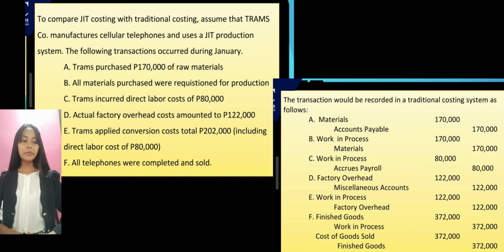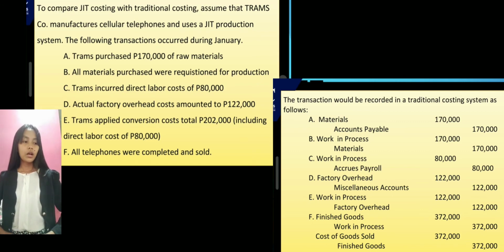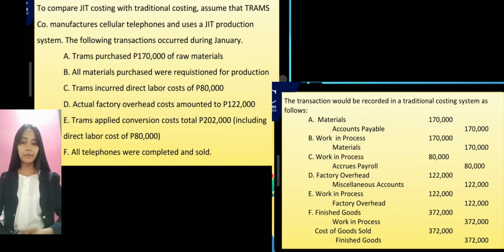So, we are going to debit cost of goods sold amounting to 372,000 and we are going to credit finished goods of 372,000 kasi nga po natapos na or naibenta na po lahat ng mga telephones at wala na po natira sa trams kasi naibenta na lahat at may napasok na pera galing sa pagbibenta ng products.